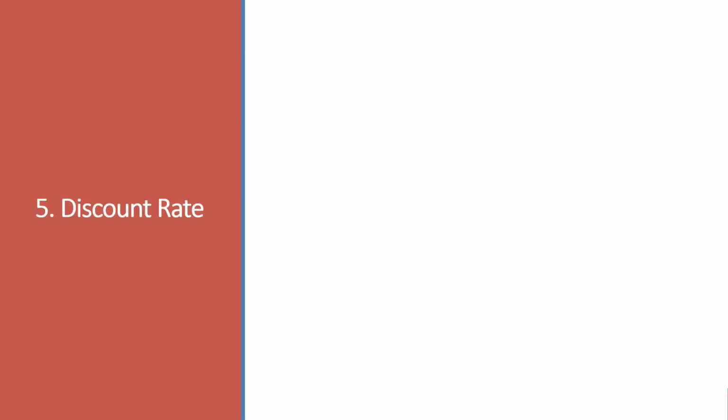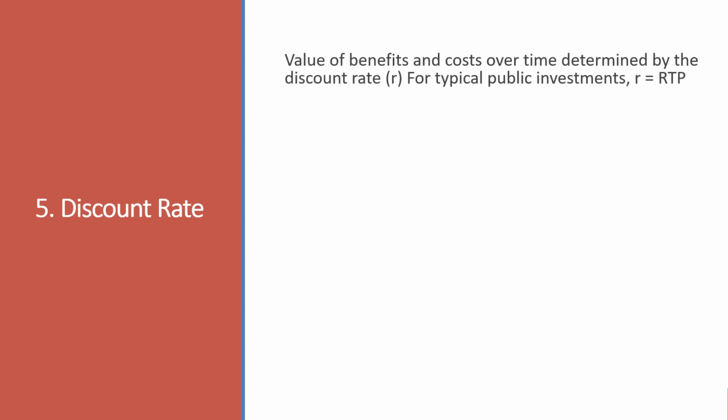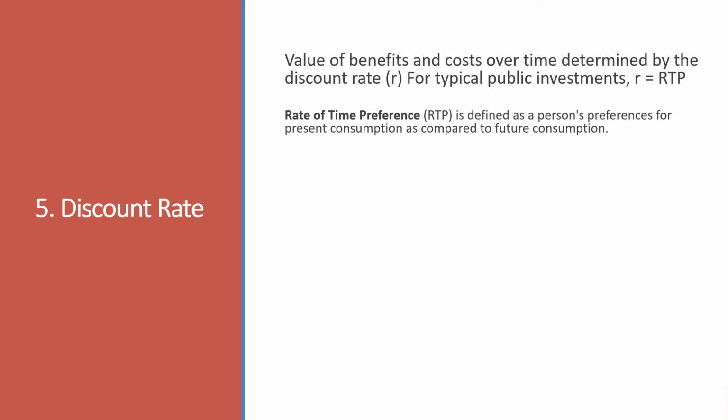When we do benefit cost analysis, we should also look at the time period of the project or policy. The value of benefit and cost over time is determined by the discount rate. For a typical public investment, the discount rate is the rate of time preference, defined as the percent preference for present consumption compared to future consumption.